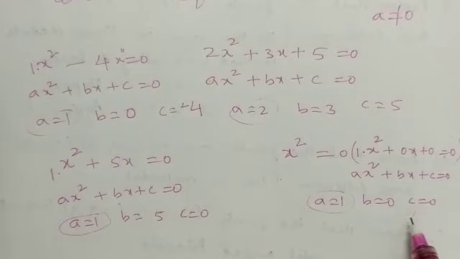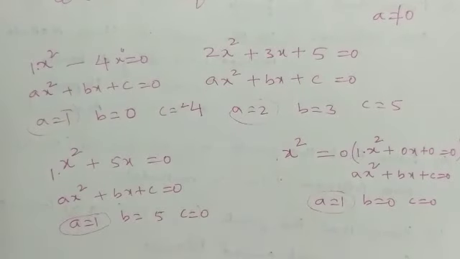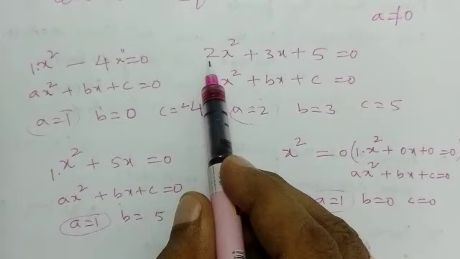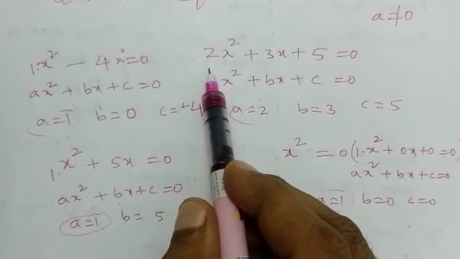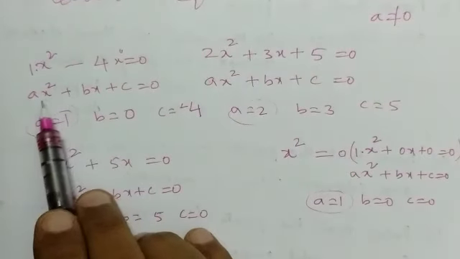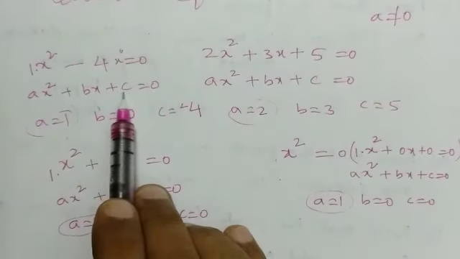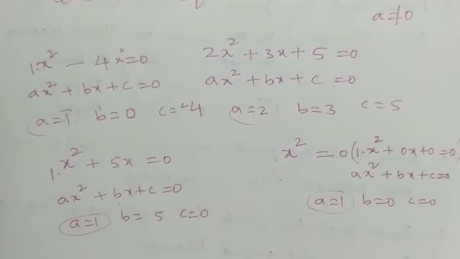So, in a quadratic, the highest power of x is 2 and its coefficient is not equal to 0. In other words, we can call this a second degree polynomial.